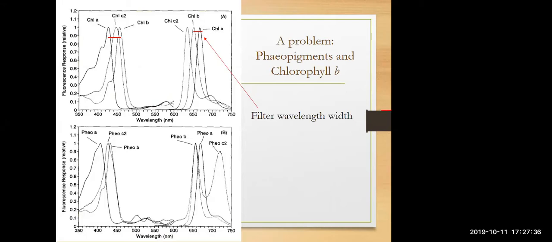Well, what is the problem with fluorescence, and what is the problem again with pigments? When we are talking about fluorescence, we also have to consider chlorophyll B. In this figure that I took from the book of Jeffrey, I forgot to put the indication of the source of the figure, we can see the absorption maximum wavelengths of chlorophyll-a and also chlorophyll C2, and it also shows the chlorophyll B maximum absorption wavelengths.